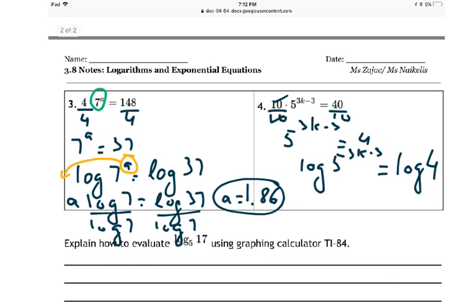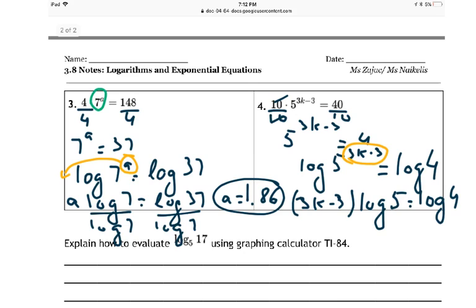In this case, again, my 3k minus 3 jumps in front, so we use parentheses here, and log 5 equals log 4.